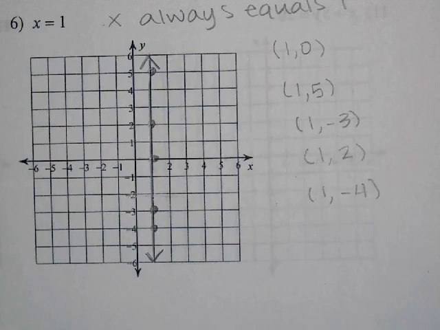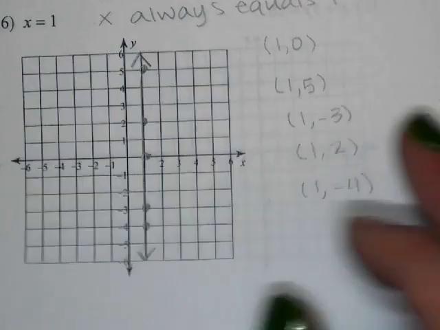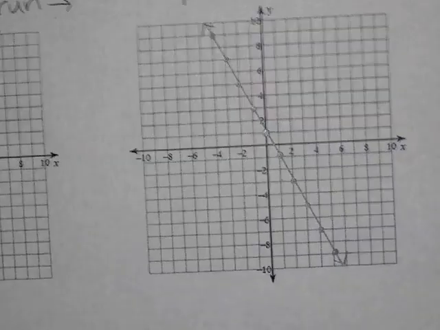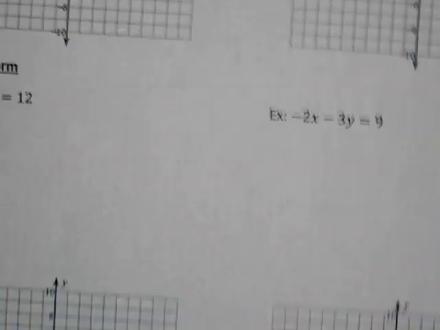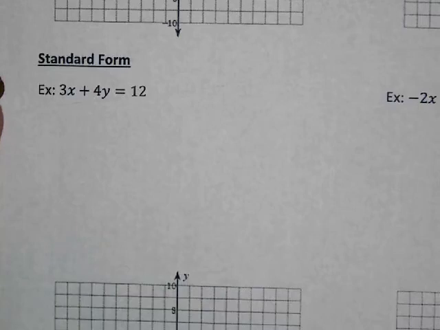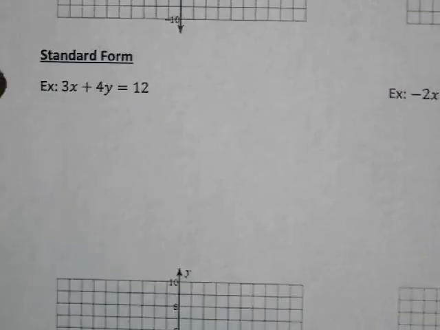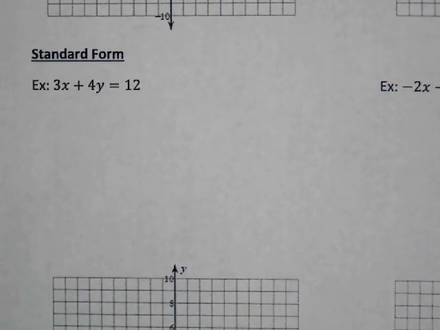Okay. We are going to go back to our notes. The next is standard form. And standard form is obnoxious because it is not ready to graph. So we have to do a little bit of work to it to make it so we can graph it.